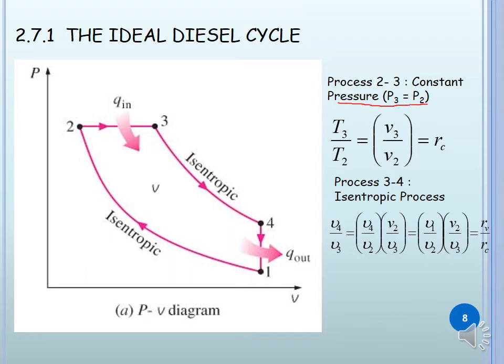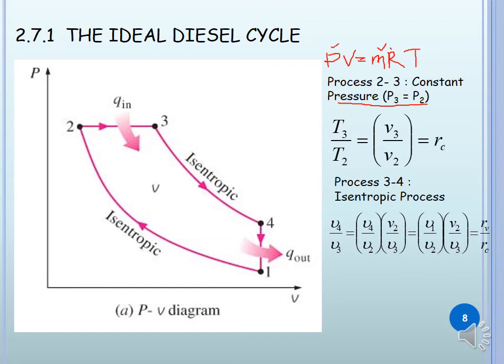Okay, for process 2 to 3, constant pressure, where the pressure at 2 and 3 is the same, we apply to both states the ideal gas equation PV equals mRT.